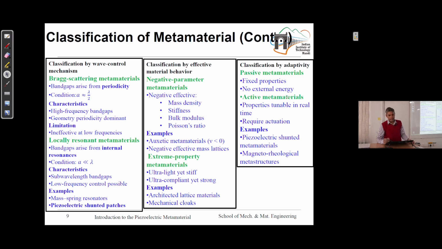However, in the case of active metamaterial, we can change rho according to our requirement. Though we have made the metamaterials, we can still change them when the system is operating. For example, in the case of piezoelectric material, because piezoelectric materials can be tuned with the help of external voltage, right?